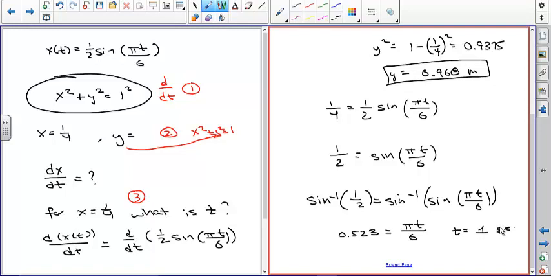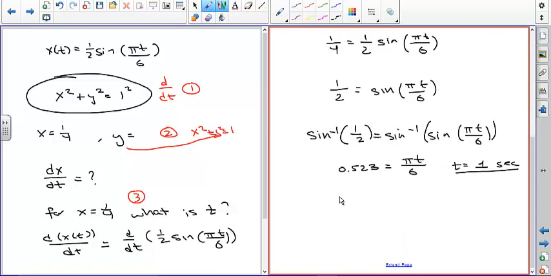Oh, is that it? 1 second? Looks like it. Did you get 1 second for t? Nobody's saying no, so I'm assuming you did. So next, the last part is this derivative. So dx/dt equals 1/2 times.